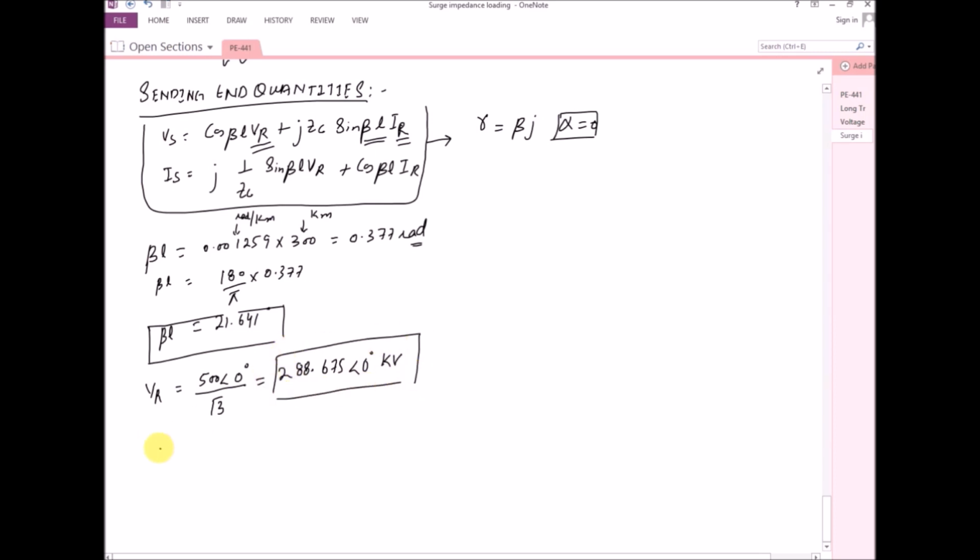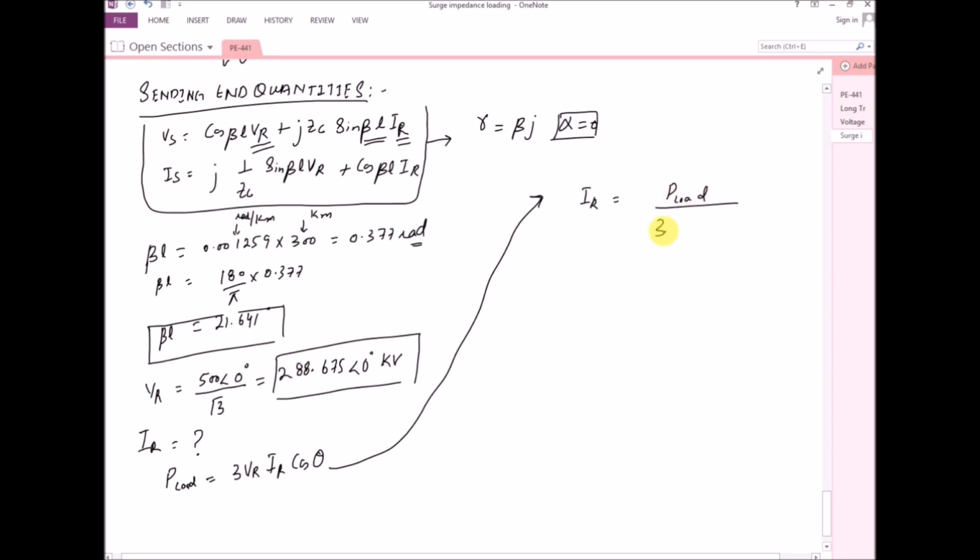Now for the receiving end current, IR, we also don't know that in this equation. To calculate that, we know the load power, which is equal to 3 VR IR cos theta. So IR is equal to P load over 3 VR cos theta.